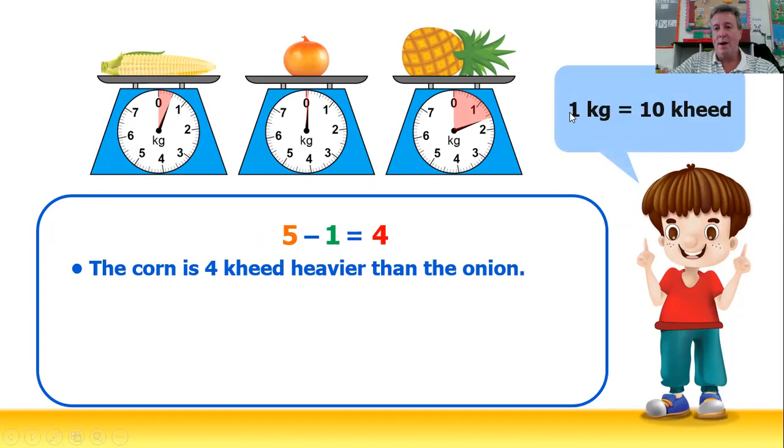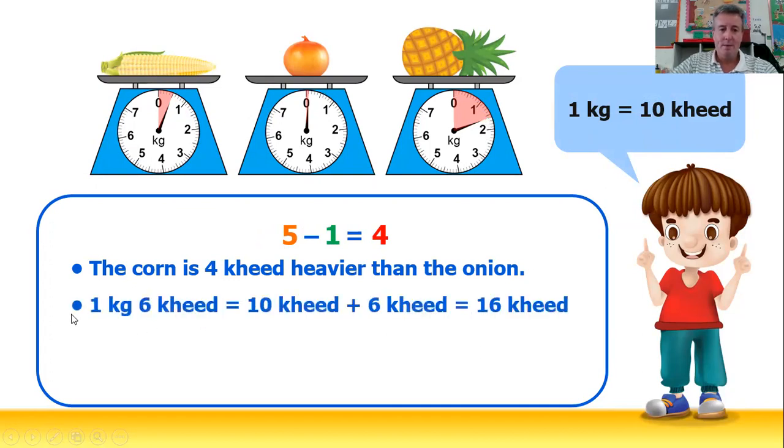Remember, 1 kilogram equals 10 kg. So that's what we said before. So 1 kilogram is 10 plus 6 is 16. We'll have a look at our place values again in a minute too.